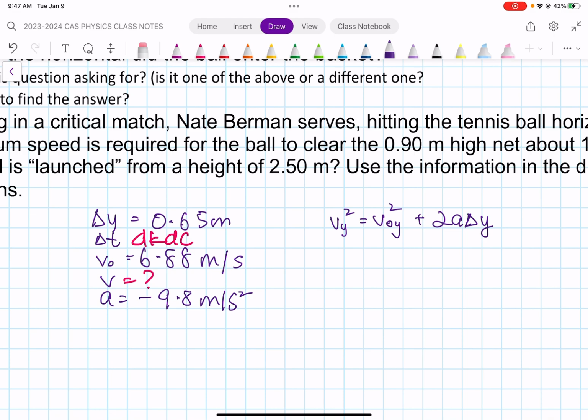So then this is just a straightforward plug. 6.88 squared plus 2 times negative 9.8 times 0.65.